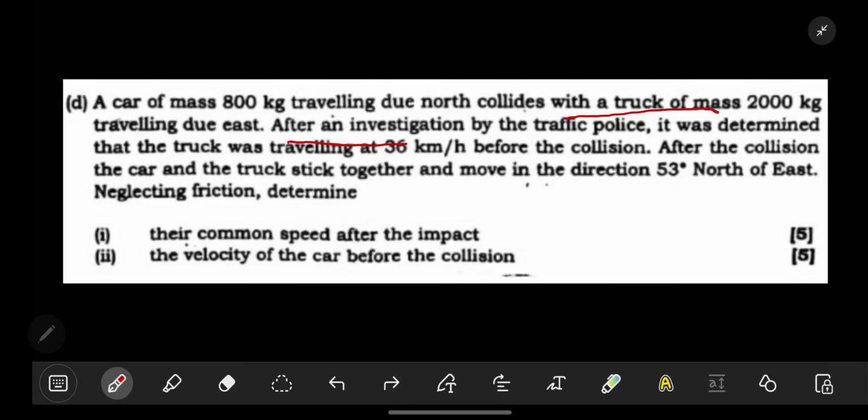Then we are told after the investigation by the traffic officer, it was determined that the truck was traveling at 36 kilometers per hour before the collision. After the collision, the car and the truck stick together and move in the direction 53 degrees north of east, neglecting friction. Determine their common speed after the impact.